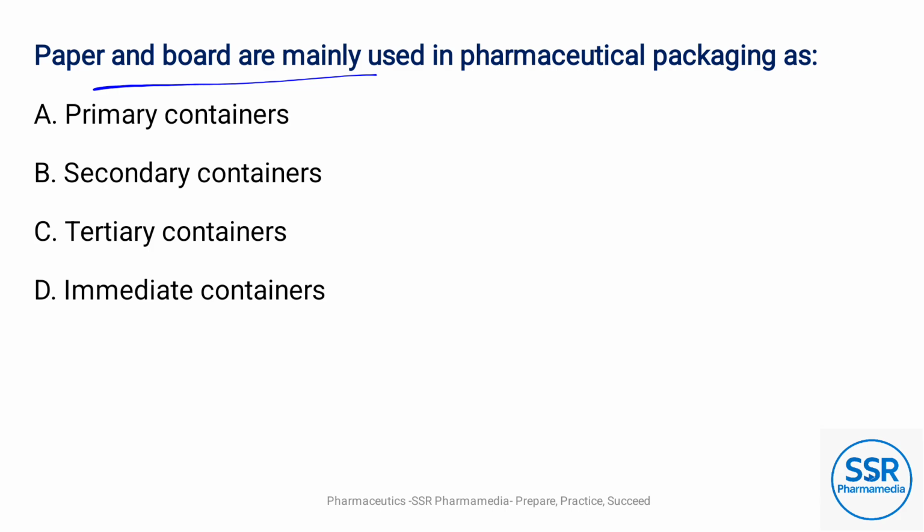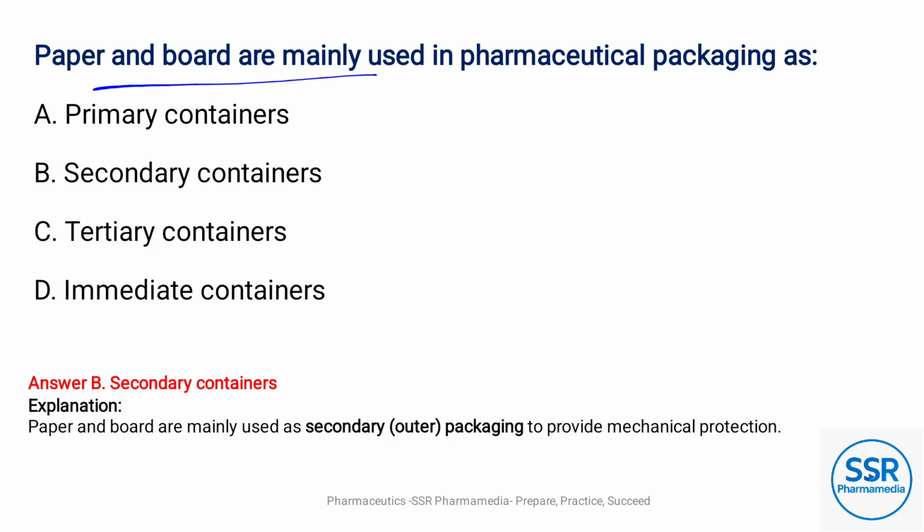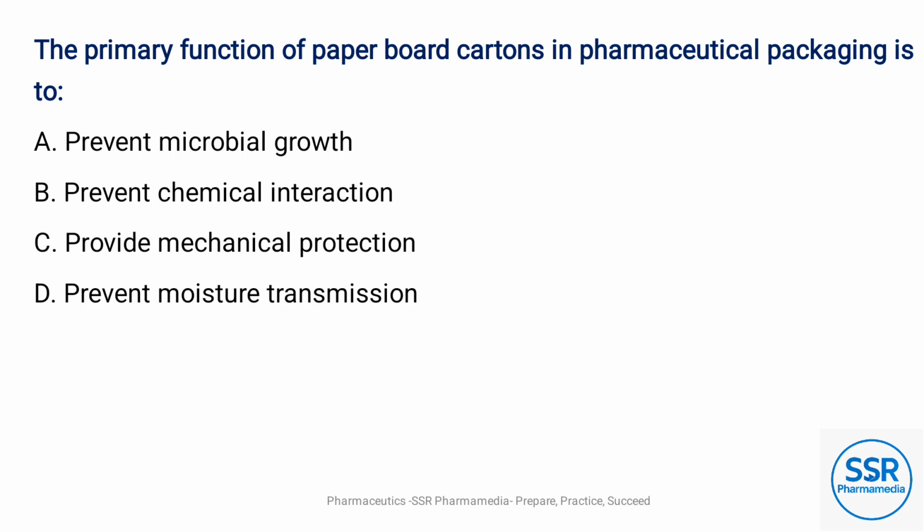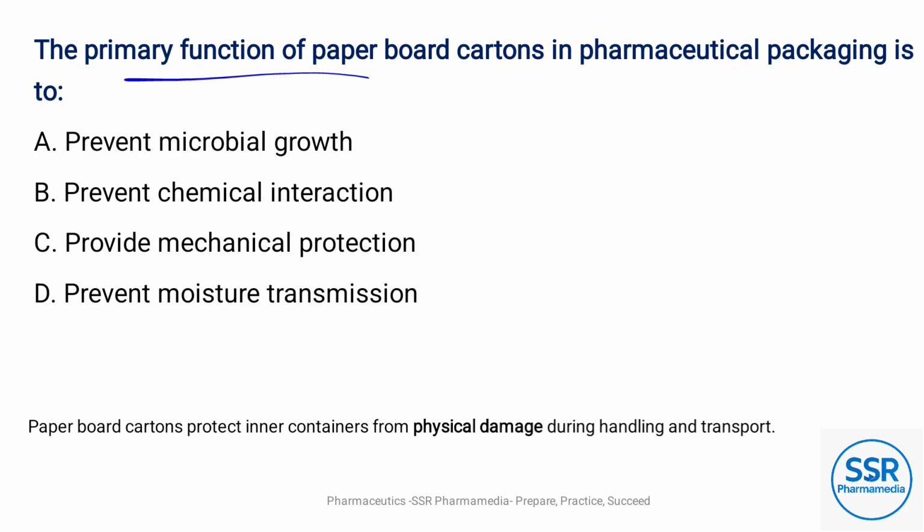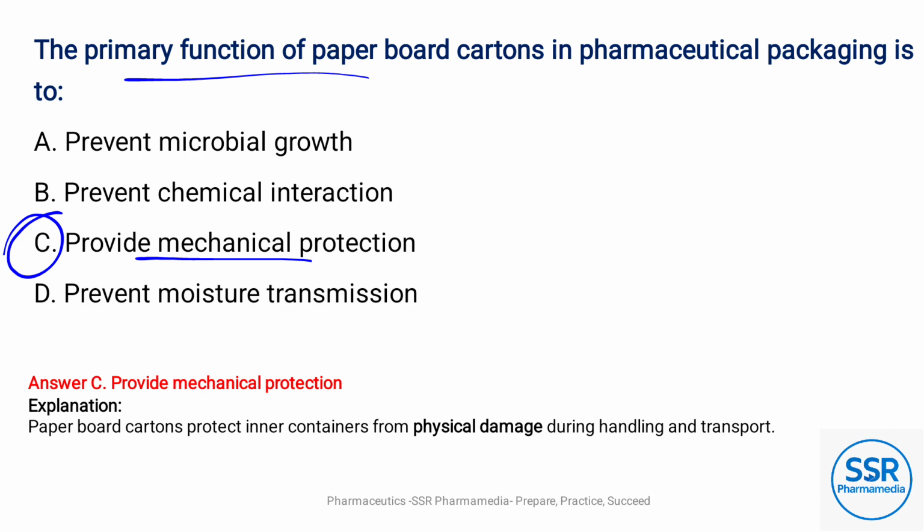Paper and boards are mainly used in pharmaceutical packaging as, option B, secondary containers. Papers and boards are mainly used as secondary packaging to provide mechanical protection. The primary function of paper boards and cartons in pharmaceutical packaging is to, option C, provide mechanical protection.